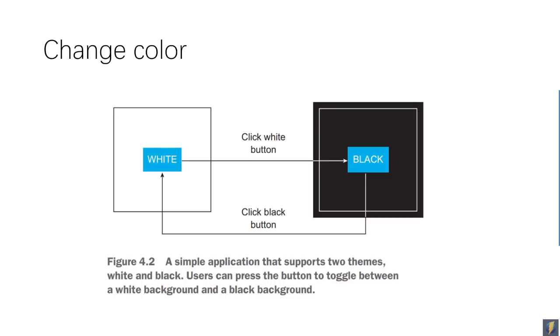When the dark theme is selected, the button label will be white, the background will be black, and the box around the button will be white. This figure shows what the screen would look like when the themes are selected.